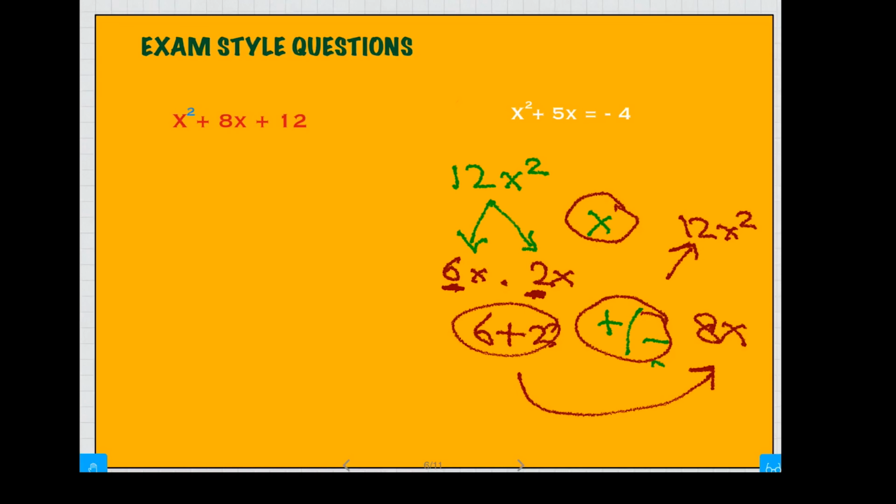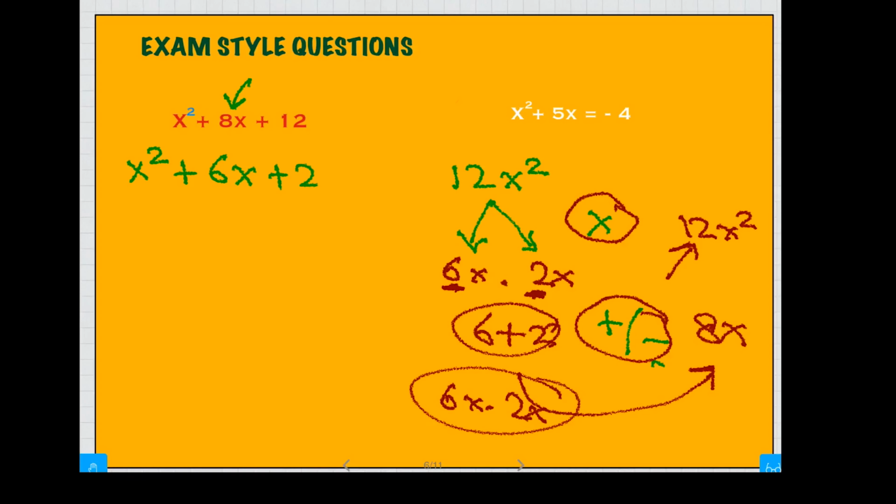So 6x and 2x are the terms or the numbers I need to use. So x square as it is, so I'm going to replace this middle term 8x with 6x and 2x. x square plus 6x plus 2x plus 12.